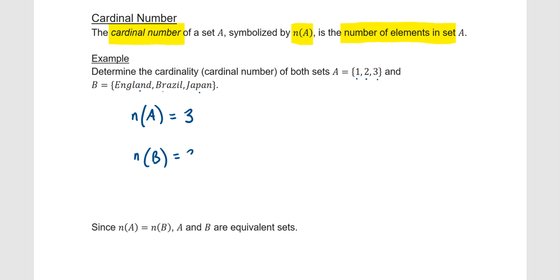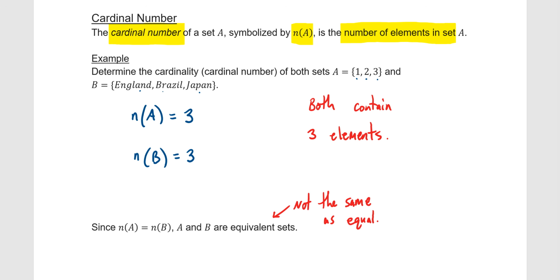There are 3 elements in set B, so that means the cardinality of both of these is 3. So what this means, and what we'll formally define it on the next page here, since the cardinalities are the same, that means that these sets are equivalent. So notice that this is not the same word as equal.